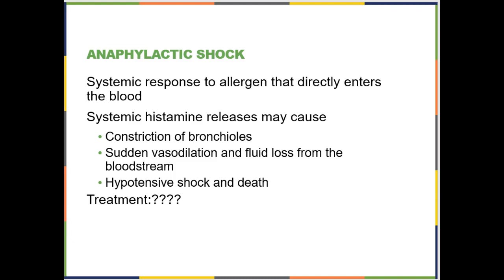Your blood pressure drops. It goes in the dumper. And so you can go into shock because your brain is not getting enough blood. Plus, it can also cause constriction of your bronchioles, and then you can't breathe. The treatment for that is an EpiPen, which is going to cause vasoconstriction of all of your blood vessels so that they go back to normal.